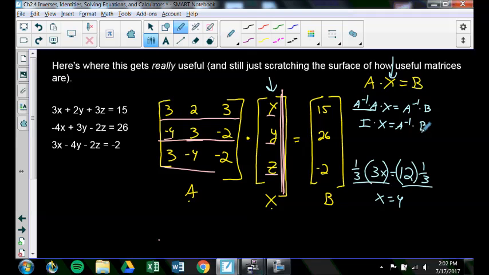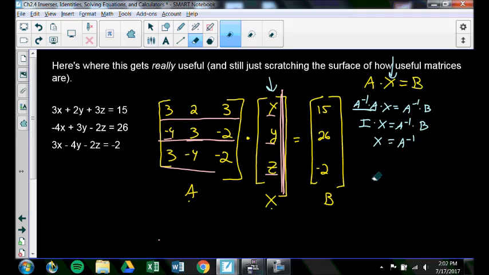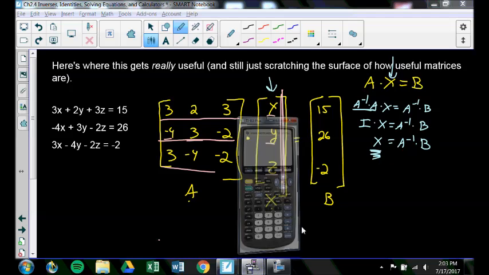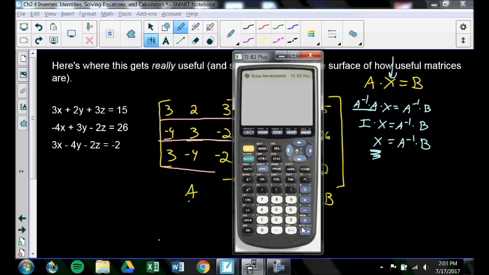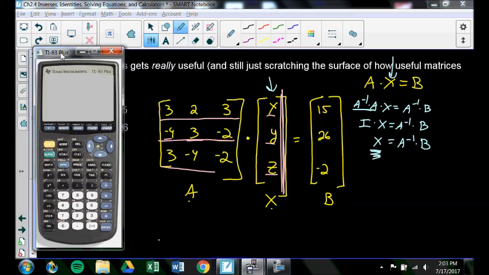I know the identity times x is just x, so we get x equals A inverse times B. This is a beautiful thing, because now I've solved for variable x. And I can just jump over to my calculator, type in matrix A, type in matrix B, and do a little bit of calculator arithmetic.